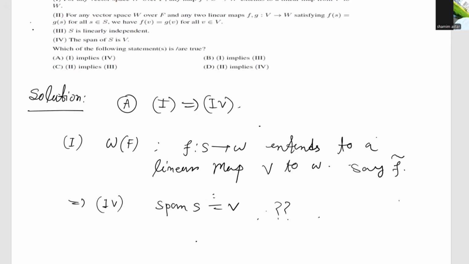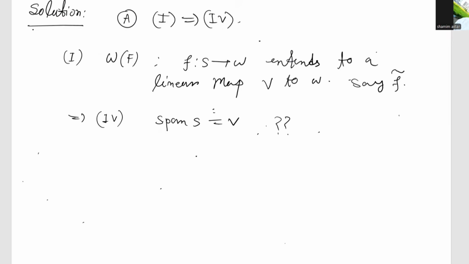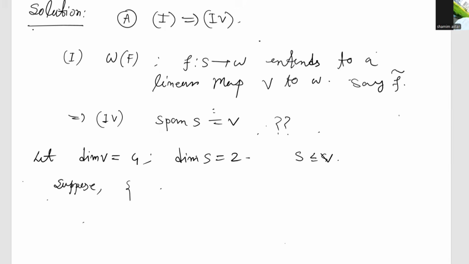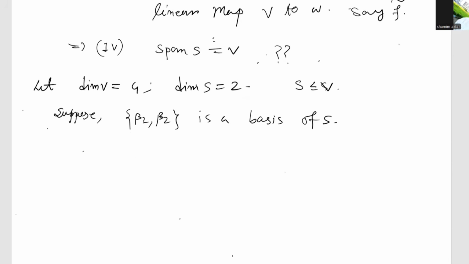Now check. First of all, let dimension of V equal 4, and dimension of S equal 2, where we choose S as a subspace of V, a 2-dimensional subspace of V. So there exists a basis of S. Suppose beta 1 and beta 2 is a basis of S, and S is a subspace of V, that is every element of S is also an element of V. So this basis beta 1, beta 2 is also a linearly independent set.